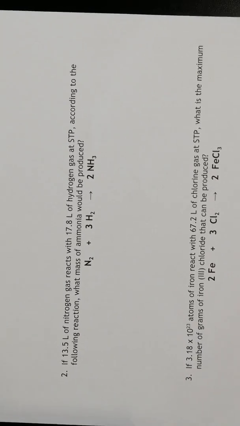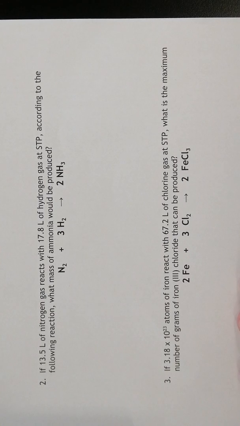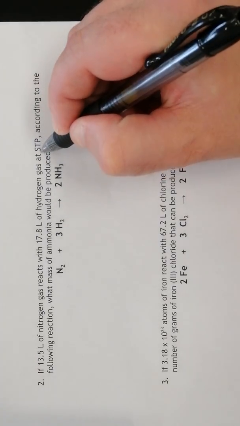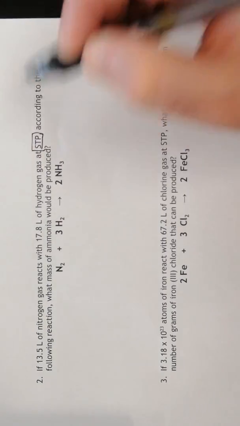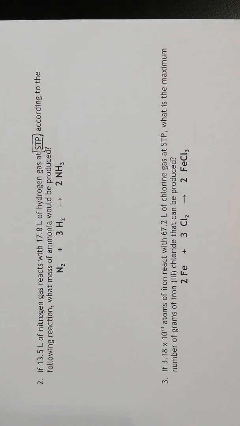Okay. Let's do this one because it's talking about volume of a gas at STP. Now remember for this that it has to be STP. What's STP? Standard temperature and pressure. So we're talking about 0 degrees and one atmosphere.